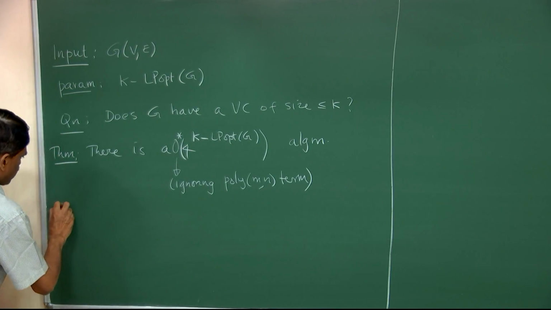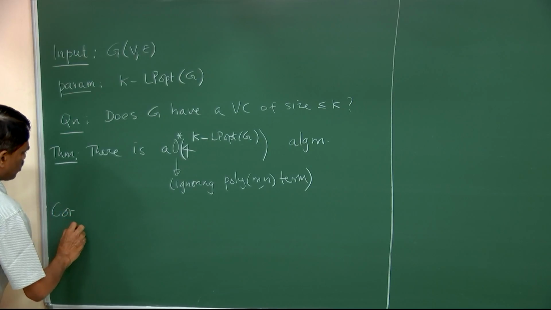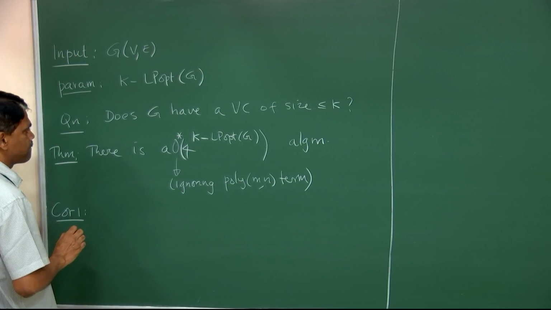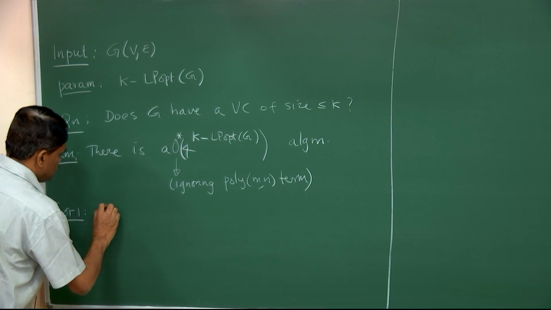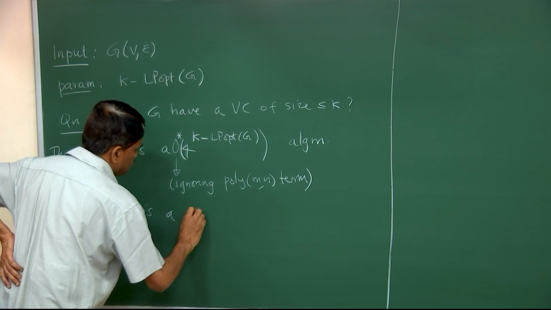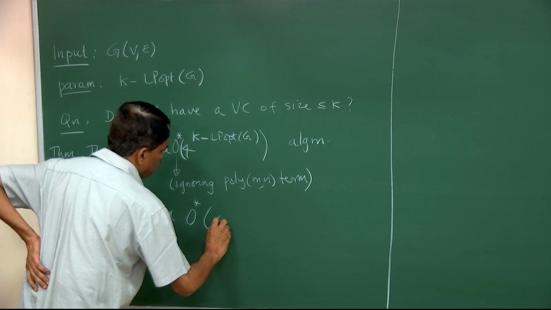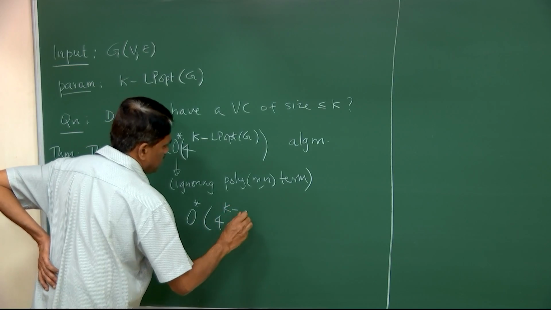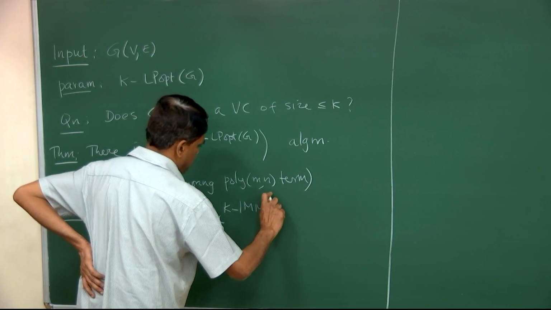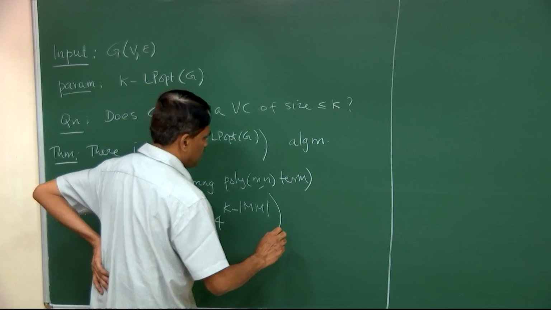And we saw some corollaries, and we will see more today. 4 power k minus the size of any matching, in particular a maximum matching.